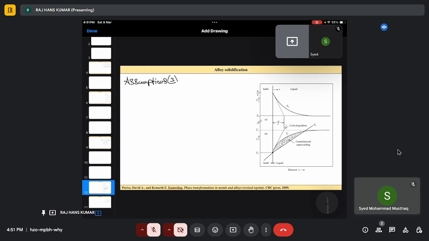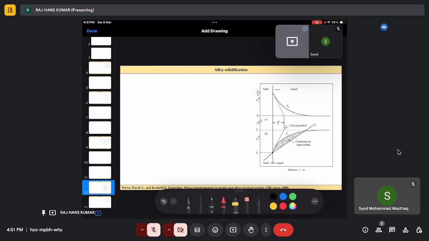Now coming to the alloy solidification. Right. Now, so far we have seen how the diffusion in solids and in liquids hinders the type of the equation, the equation is going to change, right?